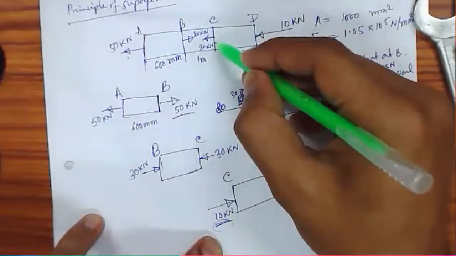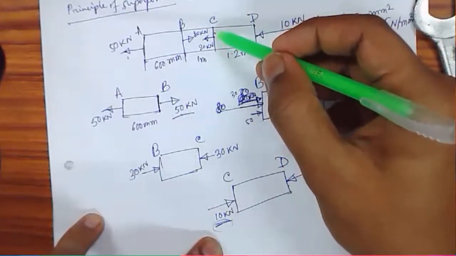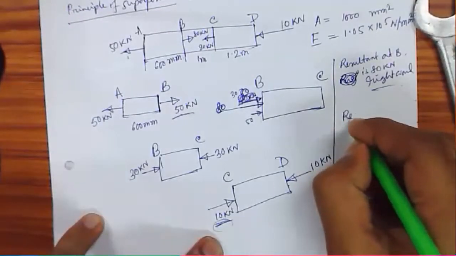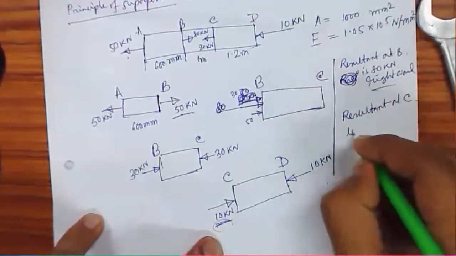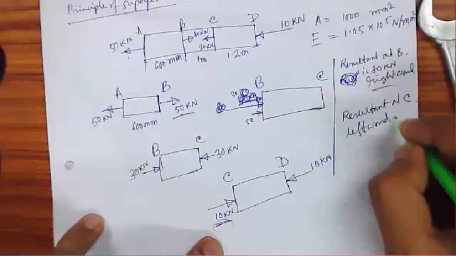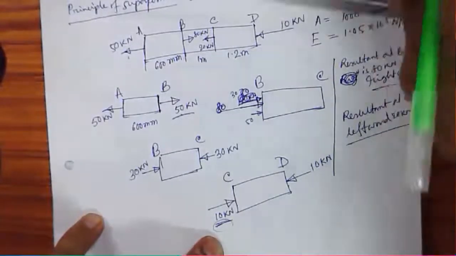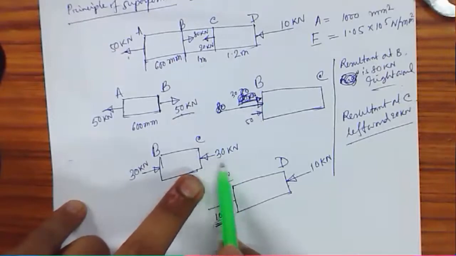Look at C. It says the resultant force that is working on this junction C, the leftward resultant at C, is leftward 20 kilonewton. Now at BC we can find there is a force 30.